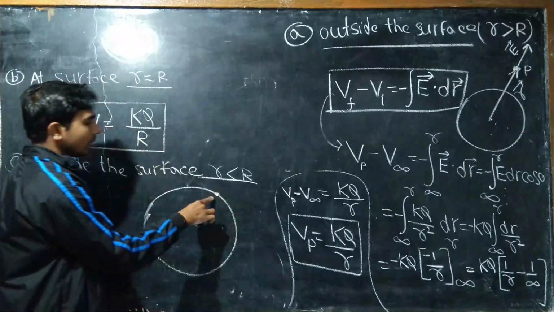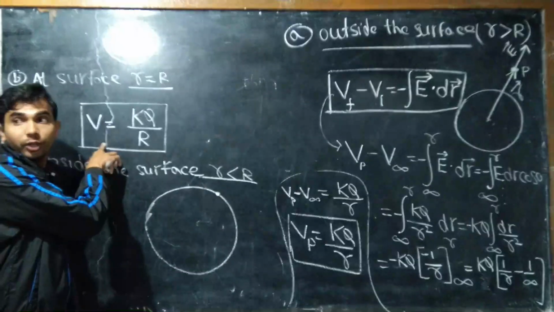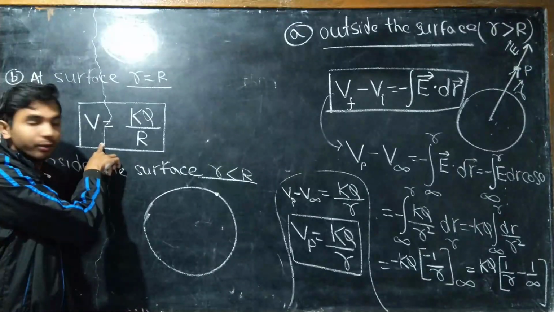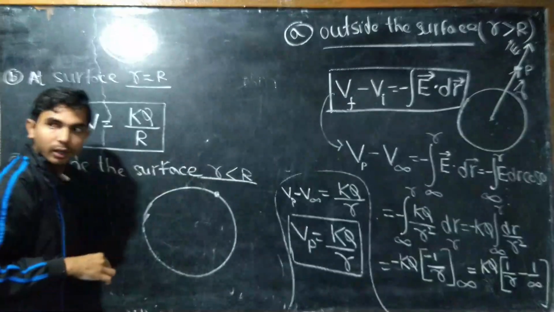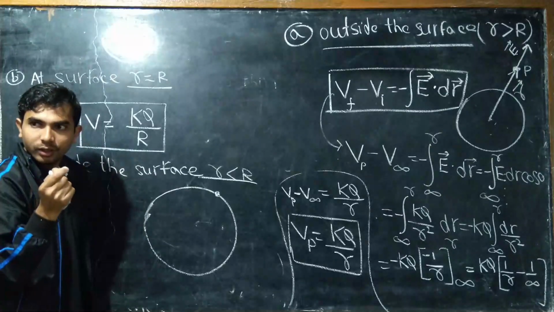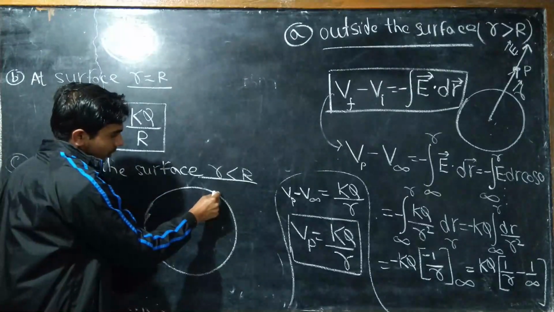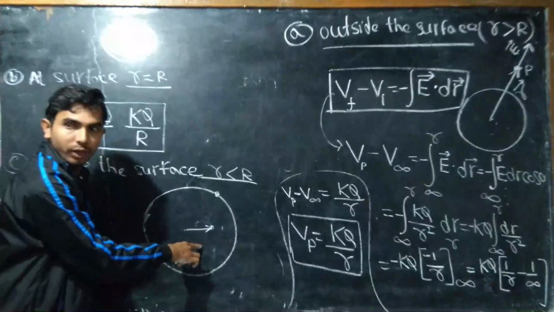What value is known? At the surface, potential is known to you, right? This is your potential at the surface. This value is known to you, right? So what I am doing here? I am taking a unit positive charge from this to this. See, at this point we have to find potential, right?